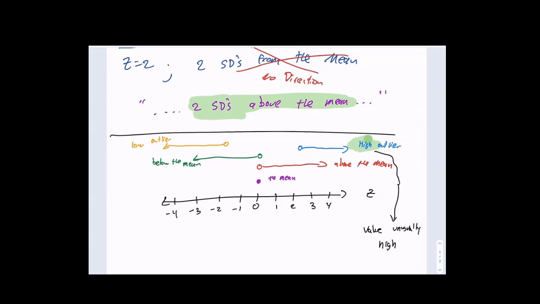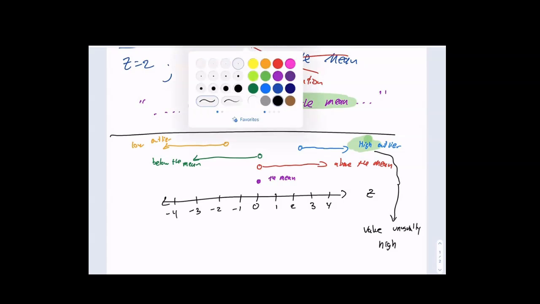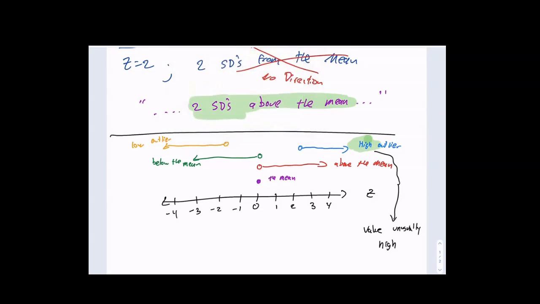When I talked about z equals 3, when we cross 3 or less than -3, those values refer to extreme outliers. But in our definition, we're just going to define an outlier as any value with a z-score that is more than 2 standard deviations from the mean, meaning above or below.